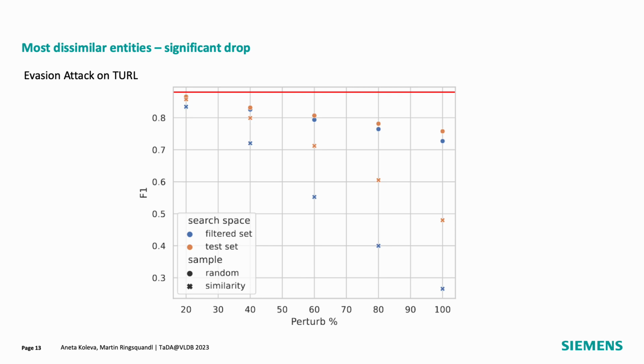And then for sampling the examples, we sample them at random or using the similarity-based strategy. Here we can see that using the similarity-based strategy and sampling from the filtered set induces a significant drop in performance of the model. So the drop is 6% when replacing 20% of the entities, but it goes up to 70% drop when replacing all of the entities in the column.